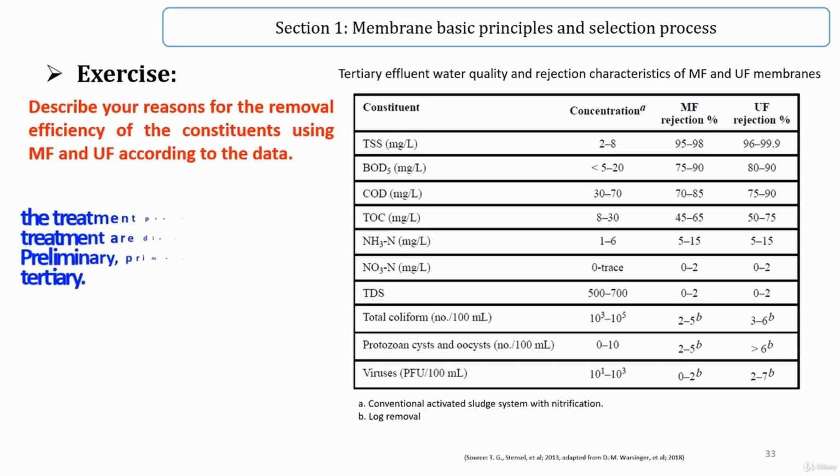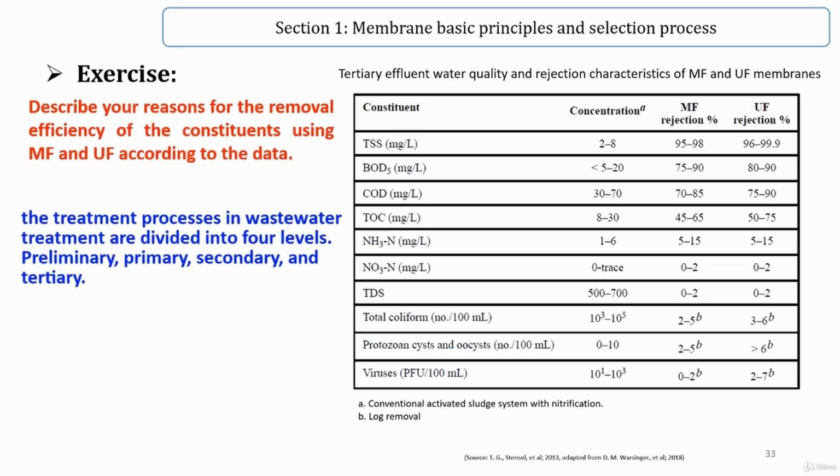At first, I have to say that the treatment processes in wastewater treatment are divided into four levels: preliminary, primary, secondary, and tertiary.